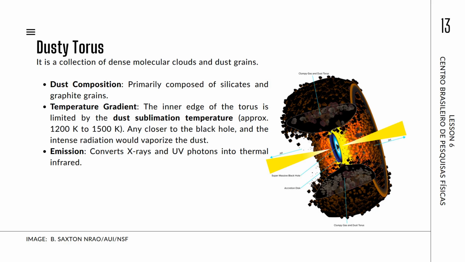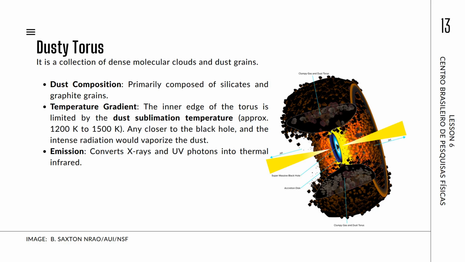So being more precise with the torus of AGN, we think it's clumpy, which means that it's more or less like in that picture. So you have these denser regions, denser clouds of molecular material. If the temperatures are low, we can have molecules there. If the temperatures are very high, the molecules are broken.